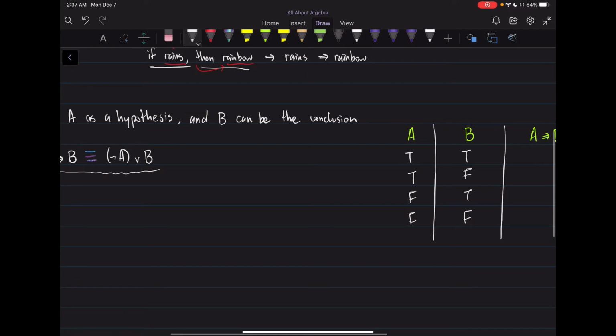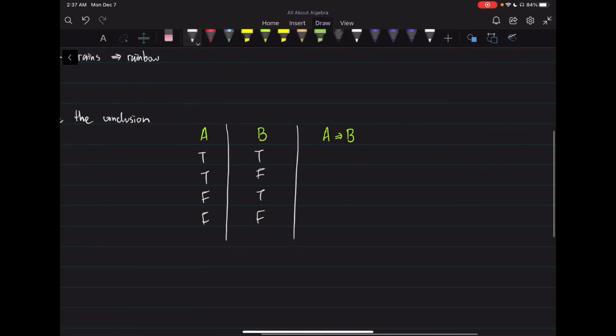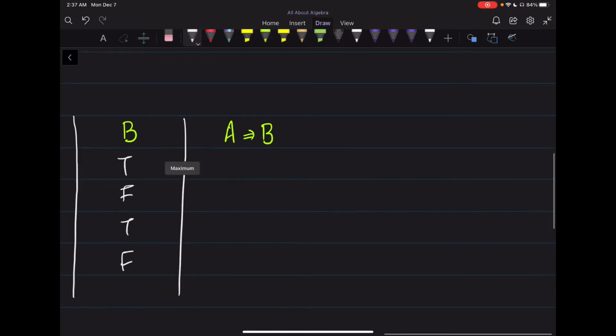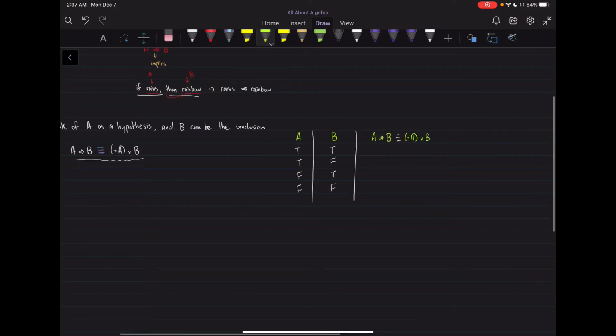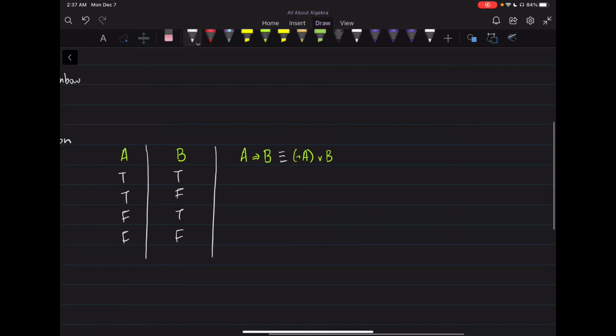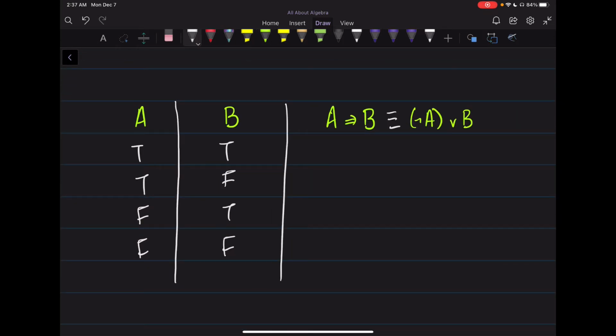So now that we have this, it's easier to find our truth value, right? For A implies B, because we can just say that it's this, right? Well, if we know this, well, negation of A, so negation of true, is just false.